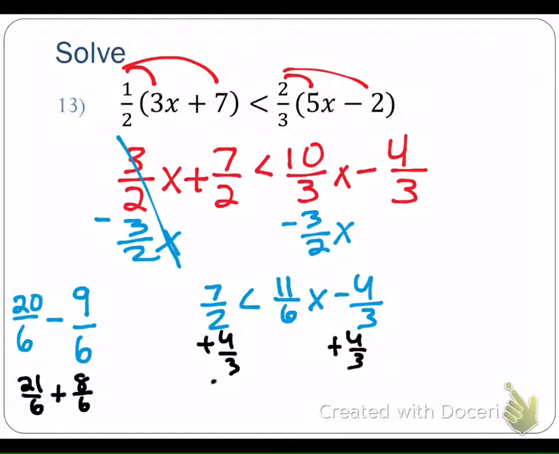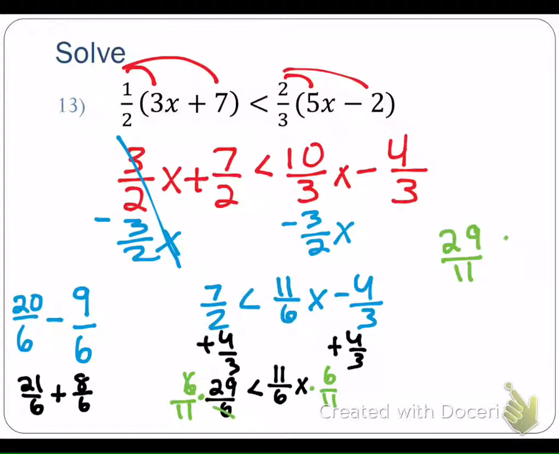So that would be 29/6 less than 11/6 x. Then what? Multiply by the reciprocal. So the 6's will go away. Right now I have 29/11 less than x.